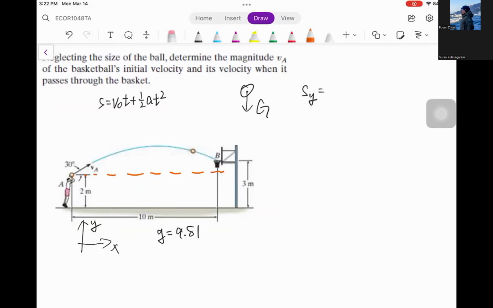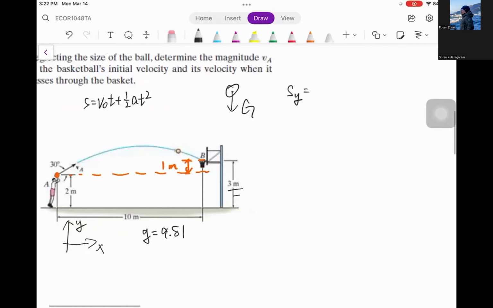In the vertical direction, it's just going to be from point A to point B, only 1 meter. 3 minus 2 is equal to 1. So that is 3 minus 2.